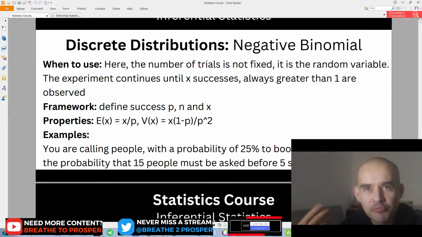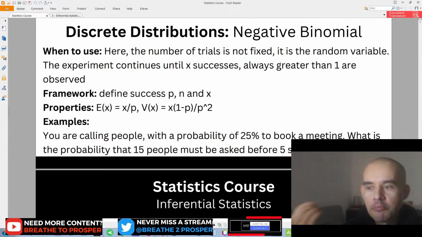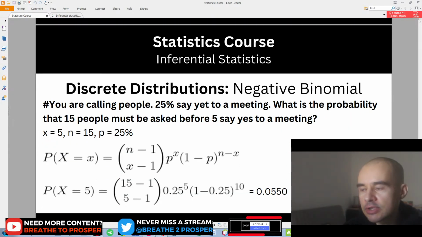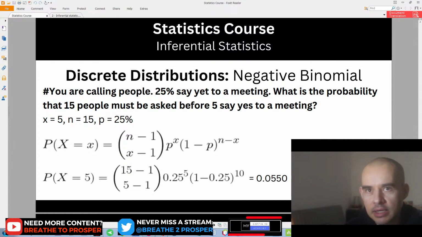Because we already have the probability of a success. It's 75. And now it's the other way around. What is the probability that 15 people must be asked before 5 say yes? As for the math, you just disregard the complicated nuisance from mathematics. There's no point getting into this unless you're going directly into mathematics.